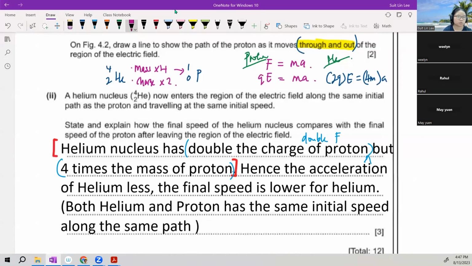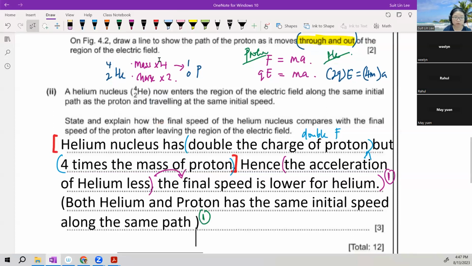The next mark is when you mention the acceleration of helium is less, and the reason why, and this allows us to deduce that the final speed is lower for helium. So this is 1 mark. And then you also mention that the initial conditions are the same. Final one is 1 mark. Of course, if the helium is already moving faster than the proton, then we need to redo the calculation.